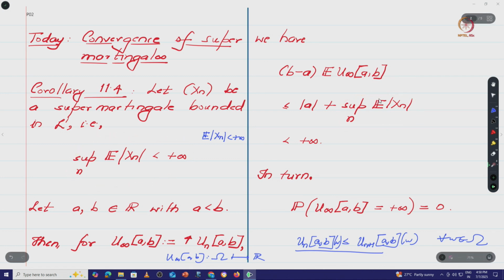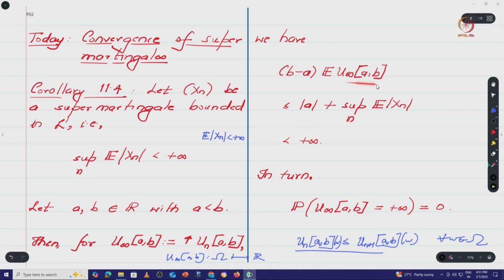Furthermore, a is a real number, which implies the absolute value of a is finite, and putting these two facts together, we can see that this plus this will also be finite. So, what this result says is that if you have a supermartingale that is bounded in L1, then (b minus a) times the expected value of U infinity of AB is less than infinity.